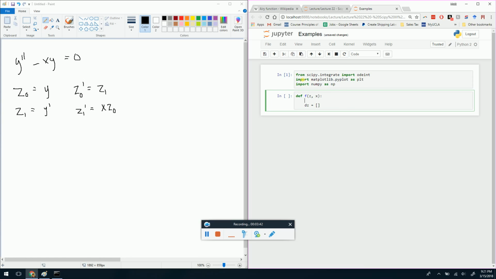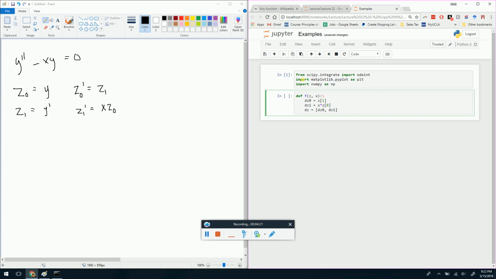So dz0, the derivative of z0, is equal to z1, that's z element 1, and dz1 is equal to x times z element 0. And notice we've actually used this argument that comes in, the independent variable. And then we can just return dz0, dz1.